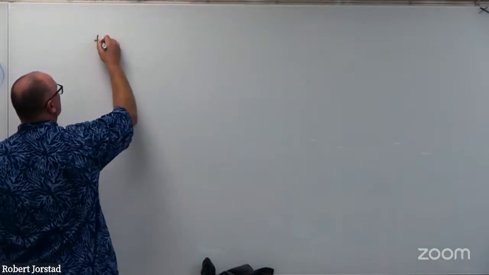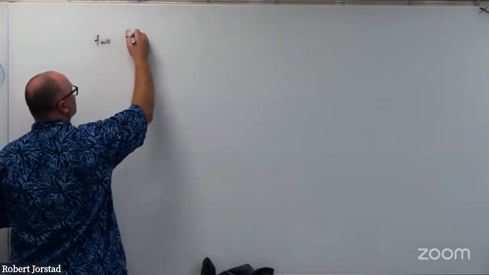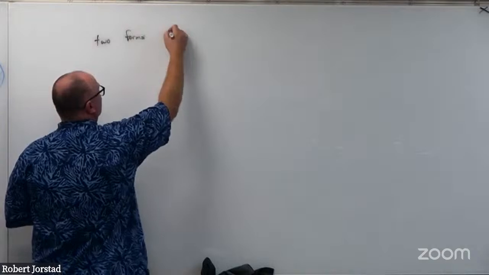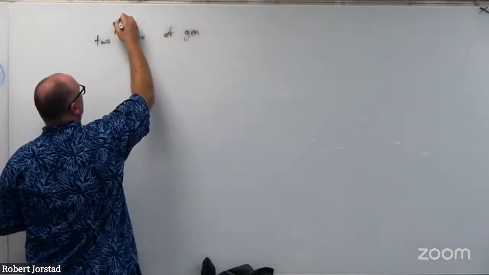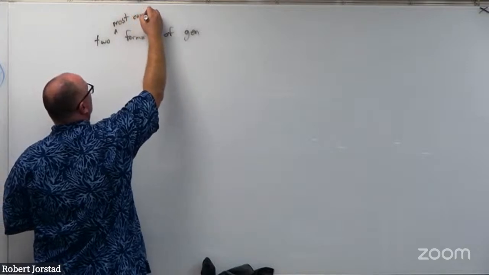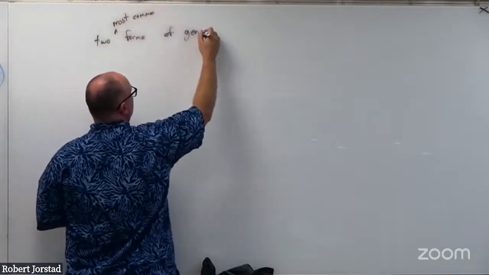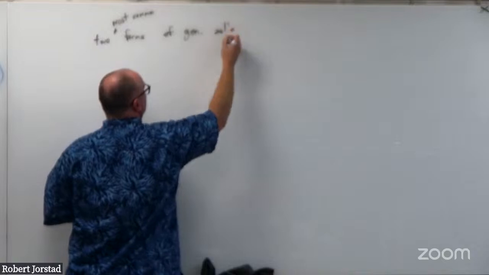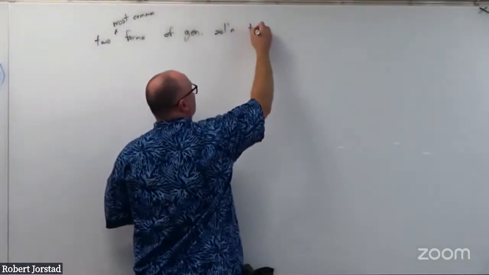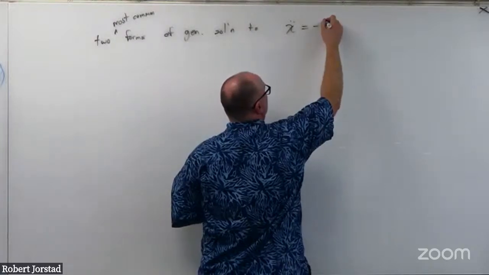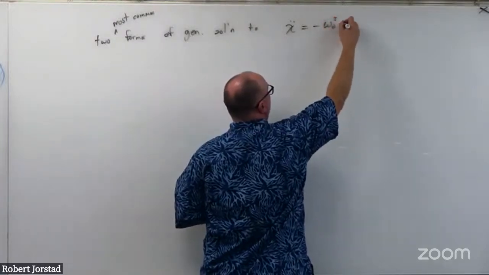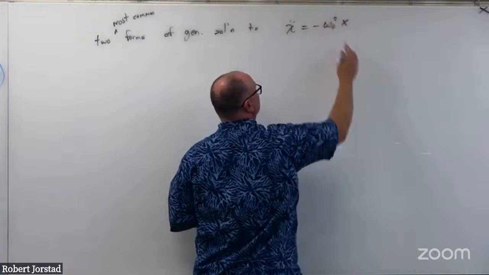So these are the two most common forms of the general solution to x double dot equals minus omega naught squared x, right?